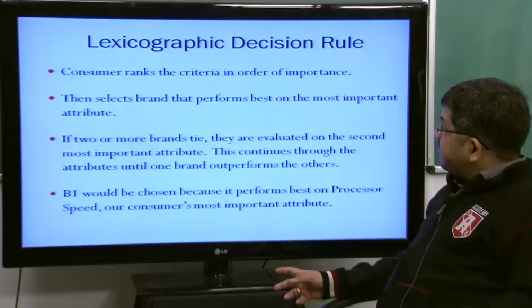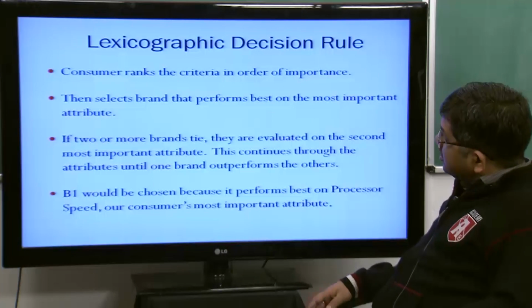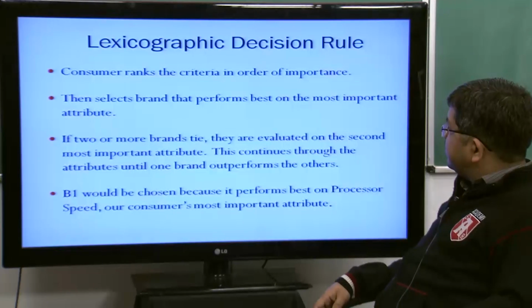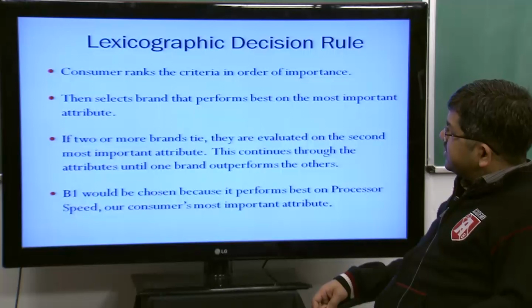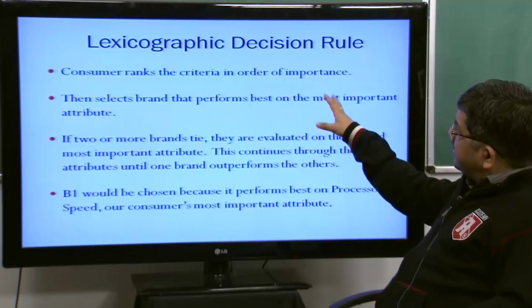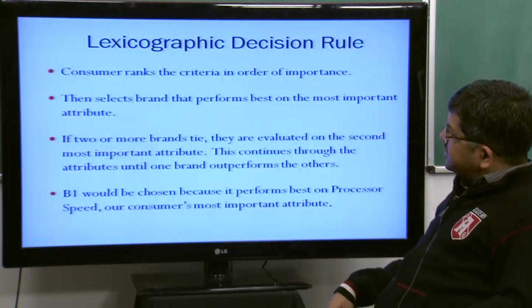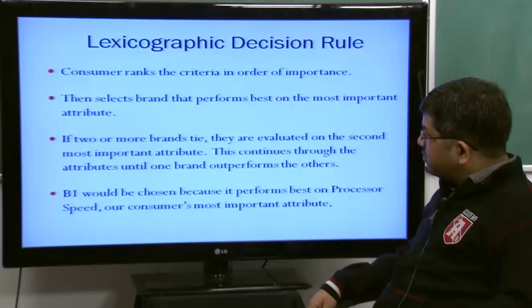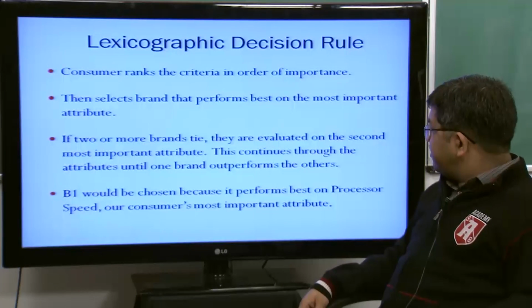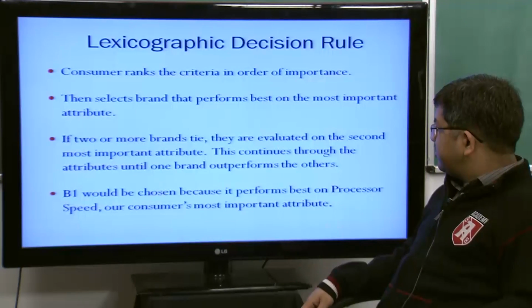And the last type of non-compensatory rule that exists is the lexicographic decision rule. What happens is the consumer, like in elimination by aspect, ranks the criteria in order of importance, then selects the brand that performs best on the most important attribute. If 2 or more brands tie, they are evaluated on the second most important attribute.